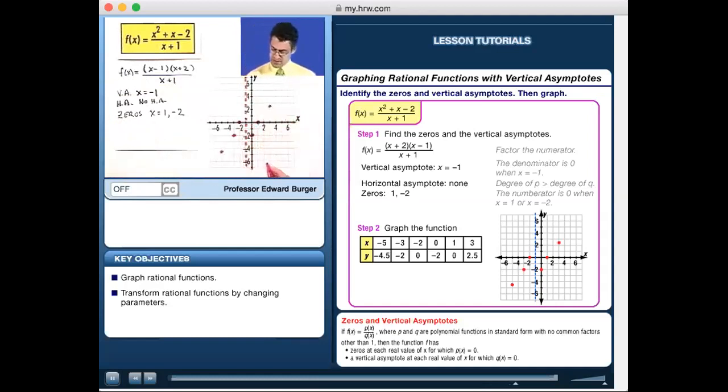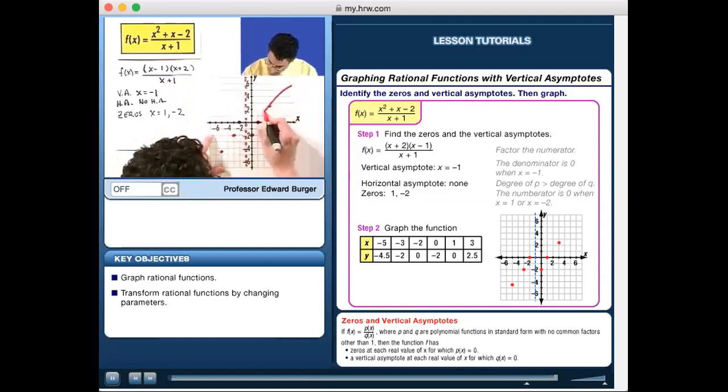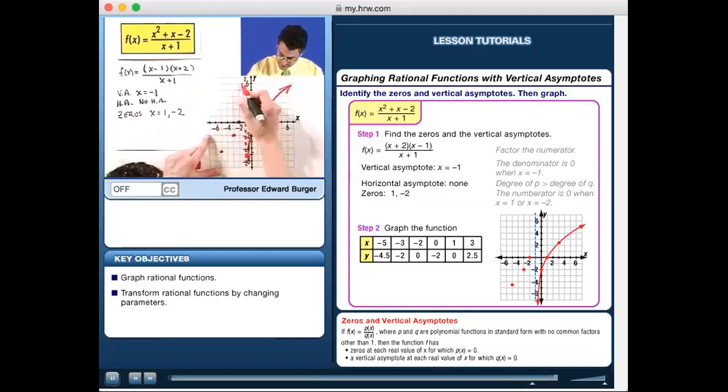And those points allow me to put this together, knowing there's an asymptote here, and knowing there's no horizontal asymptote. I'm never going to level off. And so what I see here is the following. Heading to the asymptote. And the same thing here.